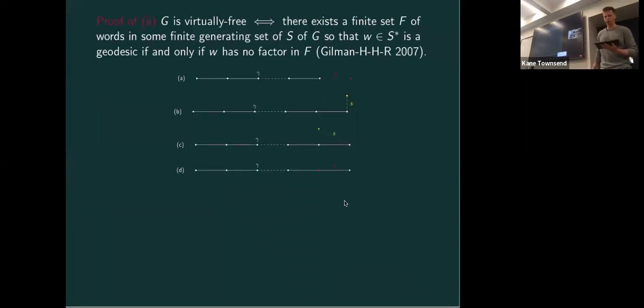What I want to do now is consider some geodesic gamma. This vertex, and then we add another generator S to it, and we've got four different options. Either the new thing that we get is a geodesic and it's moved further away from this point. That's case A. Case B is we move and we're the same distance away from this point.